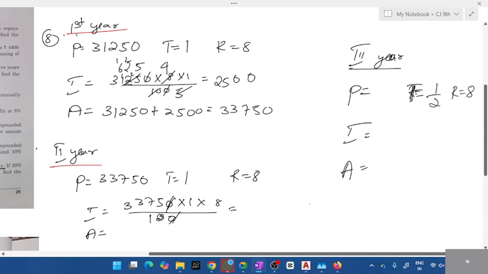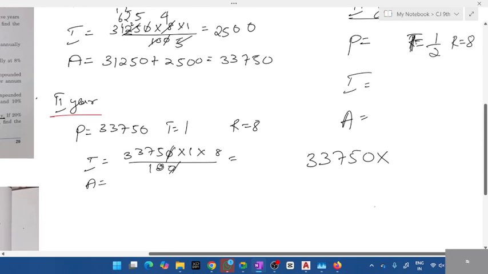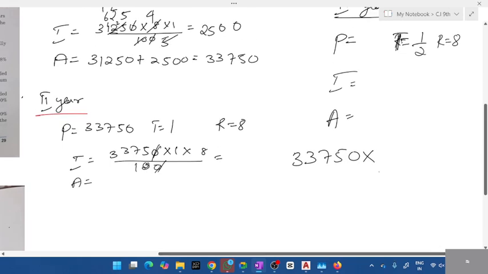Wrong, it's wrong here. See, 33,750 into, how did you calculate? No, no. First, listen. What's the principal you took? 33,750 into time is 1 year. Rate is 8 divided by 100. Okay. How did you cancel this?